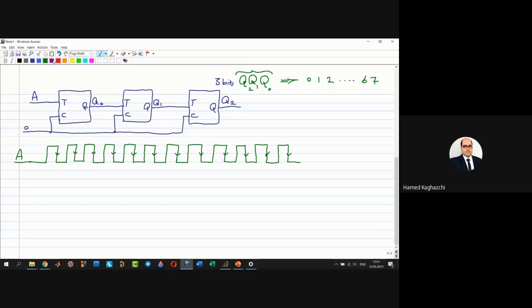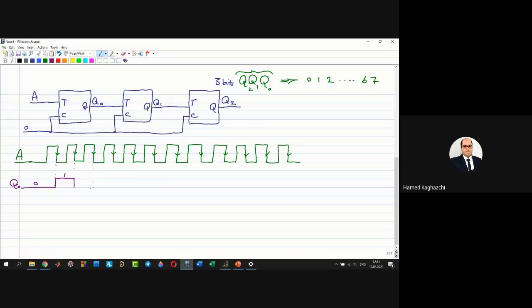Now, let's start with Q0. If I set the A signal, my Q0 will change like that. At the downward edge, my Q0 will change from 0 to 1.